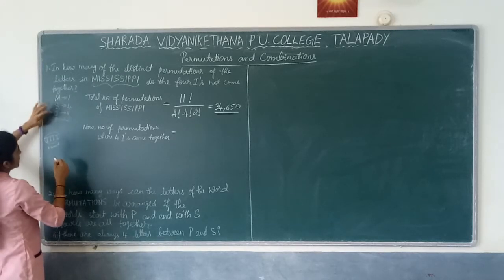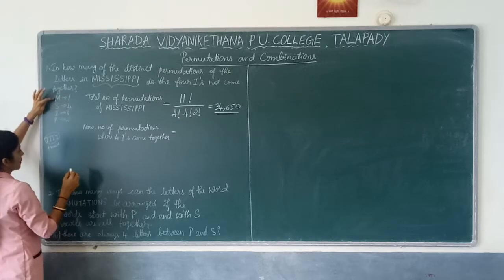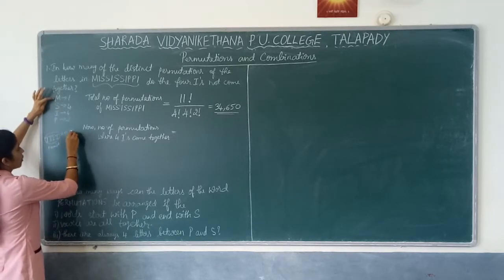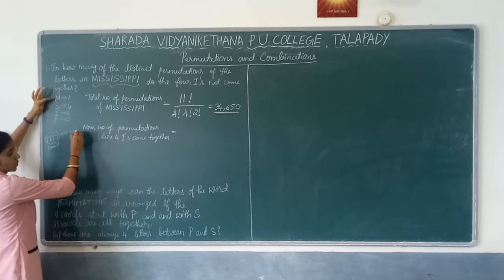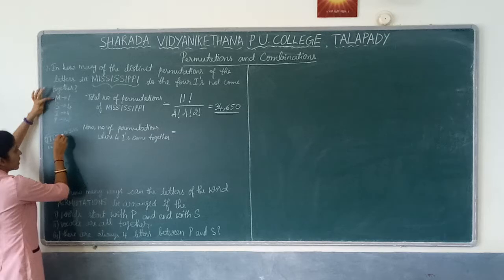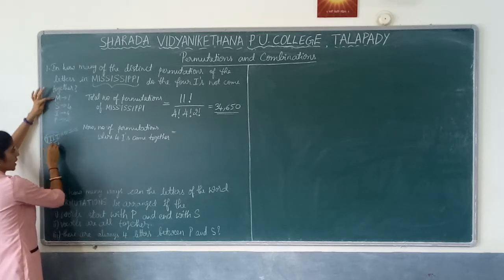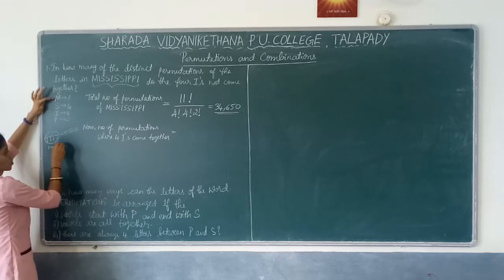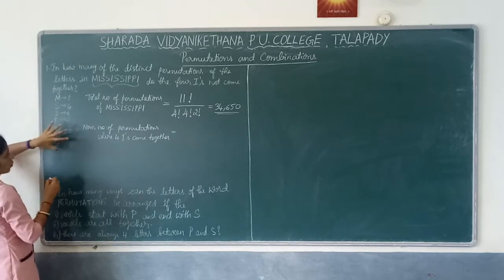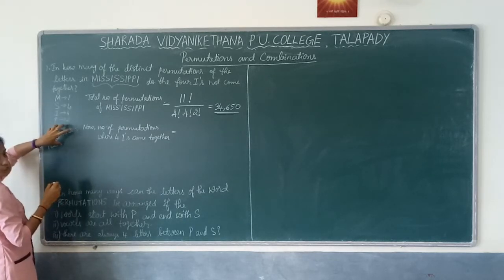Remaining 2 P's are there, 4 S's are there and 1 M is there. So the remaining M, 2 P's and all 4 S will be separate units, right? So total how many are there? 1, 2, 3, 4, 5, 6, 7 plus this 1 unit. All together we consider this as 1 unit. So 1 plus 7, we get total 8 units. So total there are 8 units, right?